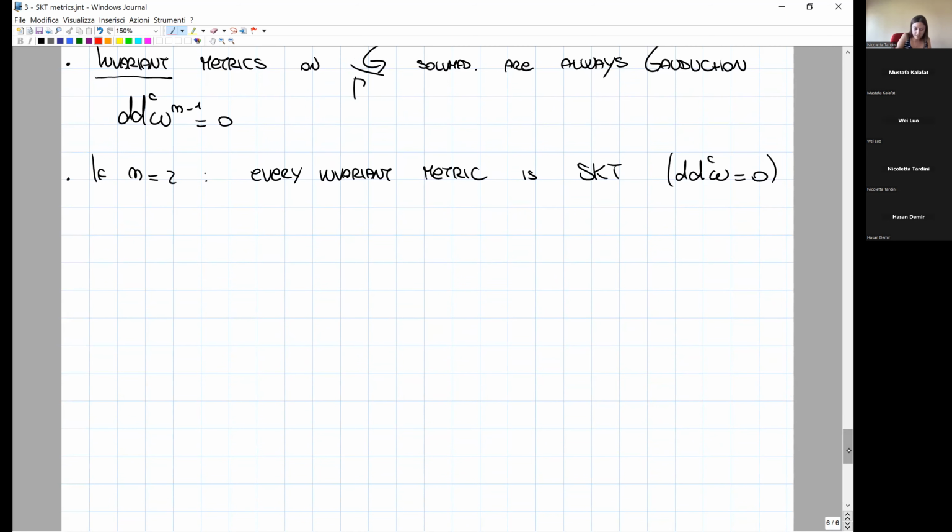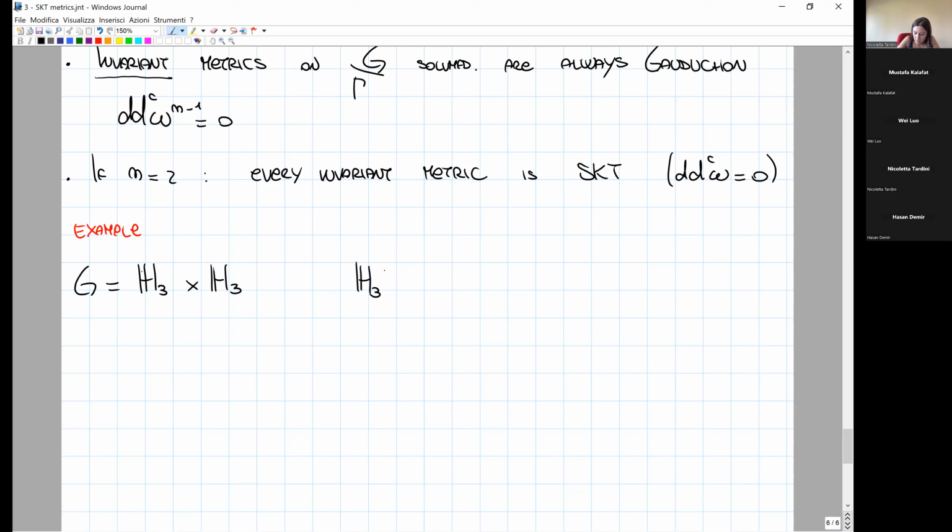So now let me just briefly construct another example in higher dimension of an SKT metric on a nilmanifold. So we take G as the product H3 times H3, where this is the Heisenberg Lie group.